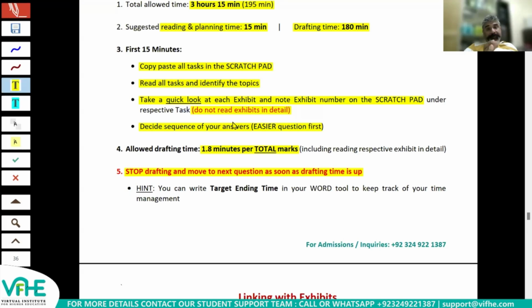Now I know for a fact that a lot of students are not able to do it. They don't have the guts to leave it and move to the next question. But what you need to realize is if you don't do it, you will miss a 15 marks question in the end, right? That doesn't bother you.